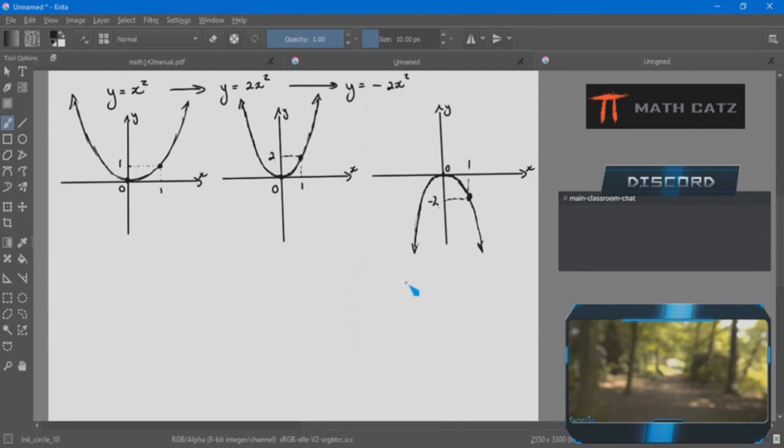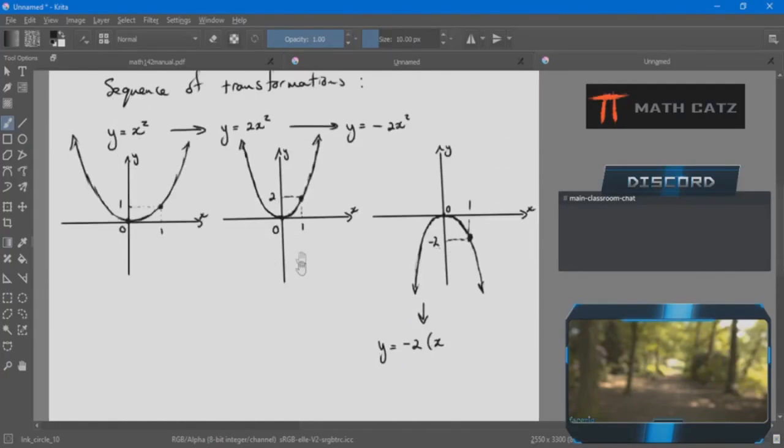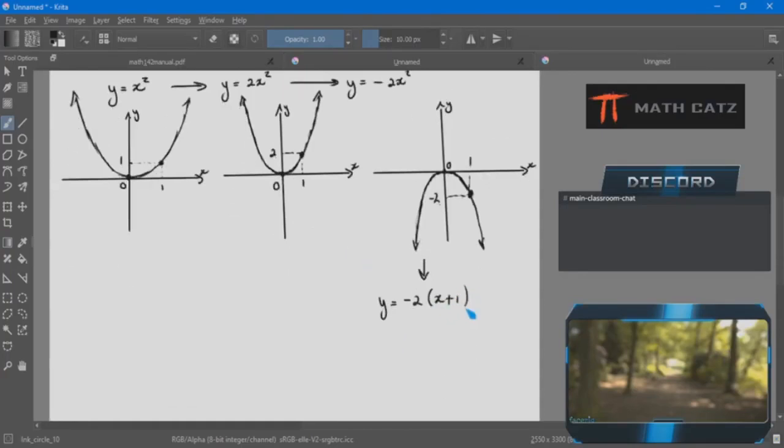And then we said, we'll take it down here to replace x with x, what was it? Plus 1. Let's set that up.